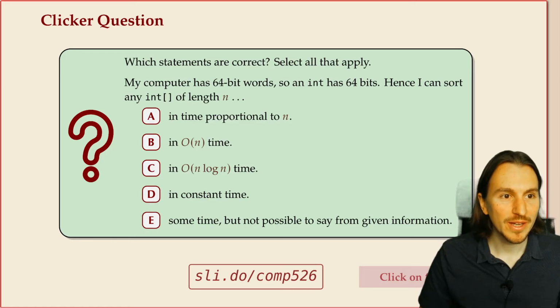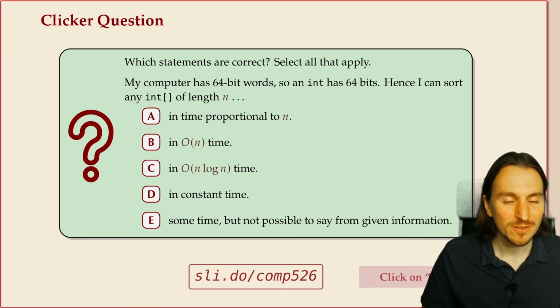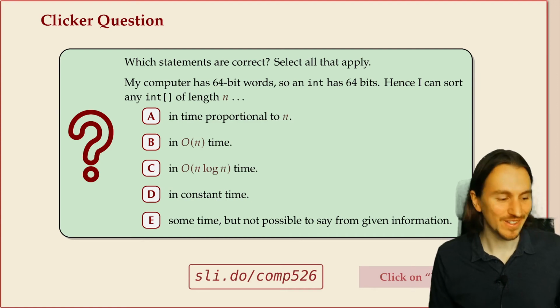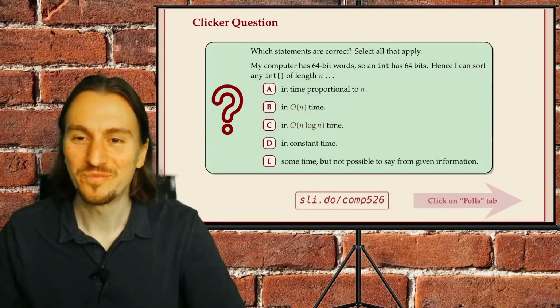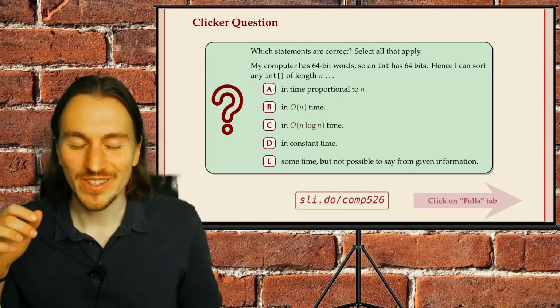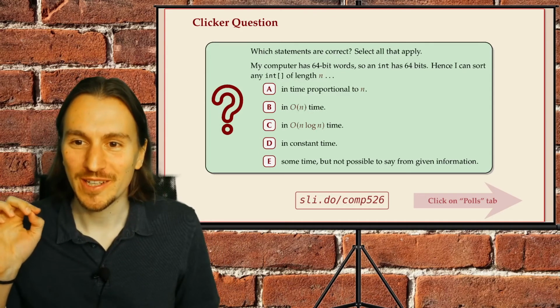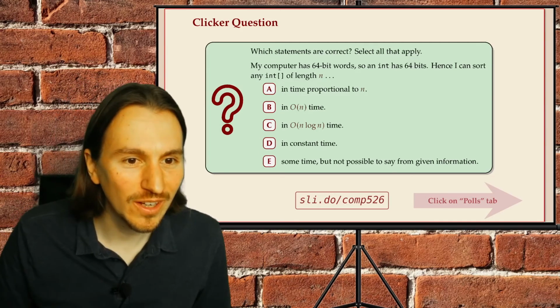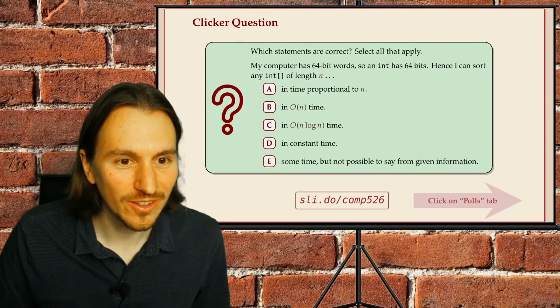To wrap up, I have a last question to see if you're mastering these kinds of considerations. So this is a mean question because I ask you to select all the answers that are correct, not just a single one.